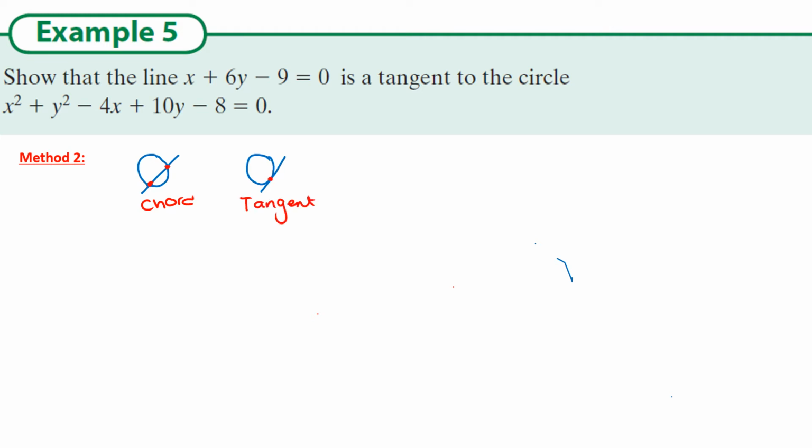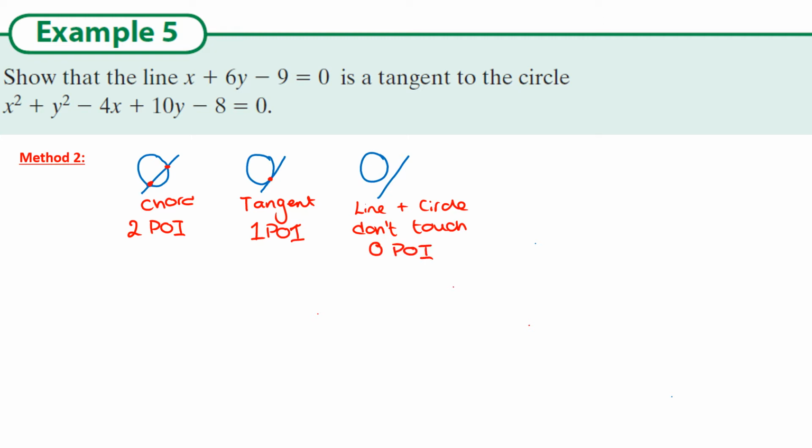And then you have the scenario here where you have a circle and a line, and they don't touch. And in each of these cases, we're talking about the number of points of intersection. So this has 2 points of intersection. This has 1 point of intersection. And this has no points of intersection.